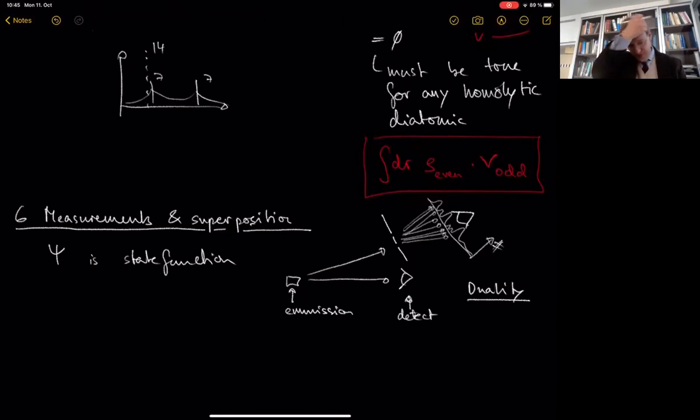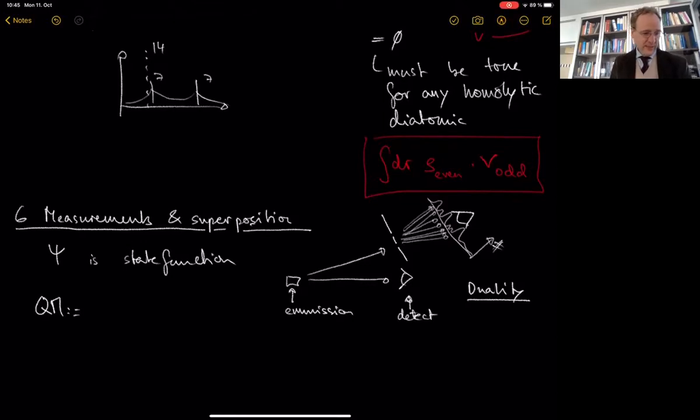So now is the moment where we should formalize this a little bit better. Quantum mechanics, if you wish, you could view as a way to account for probabilities.